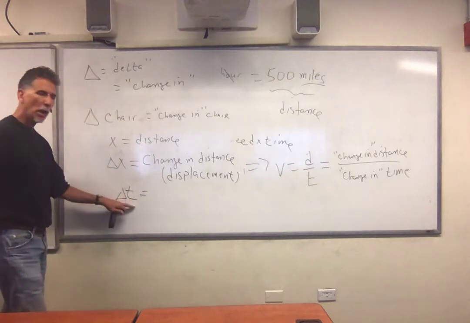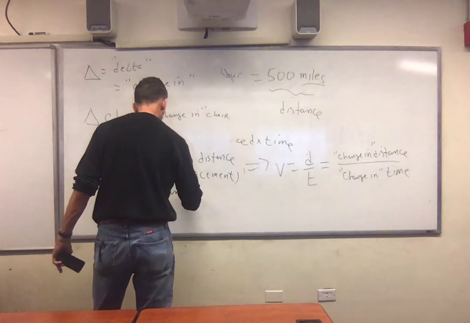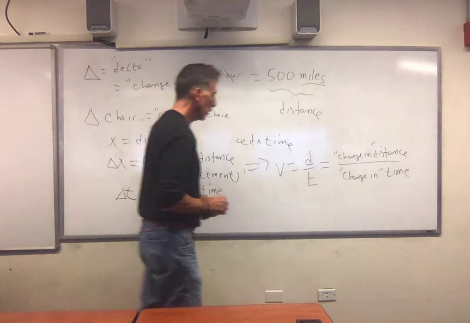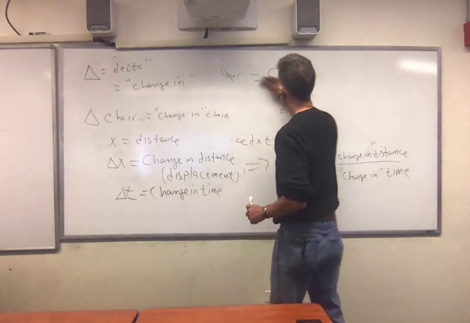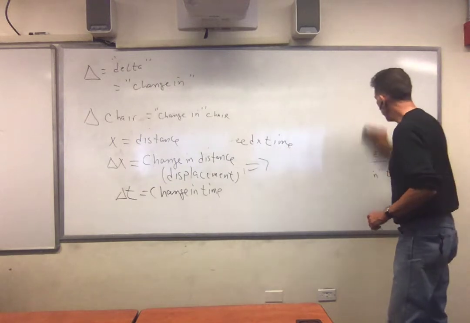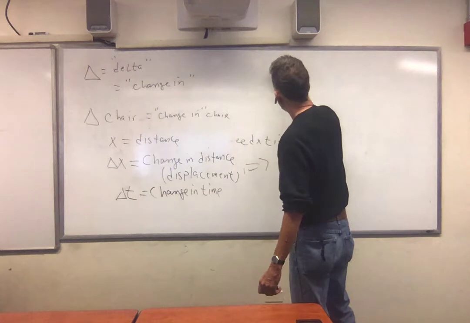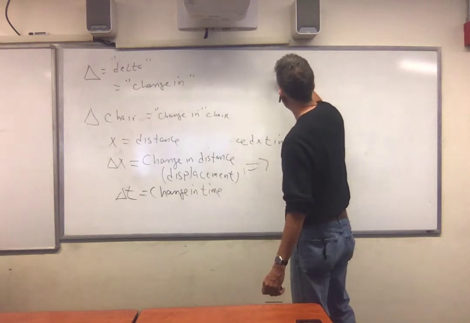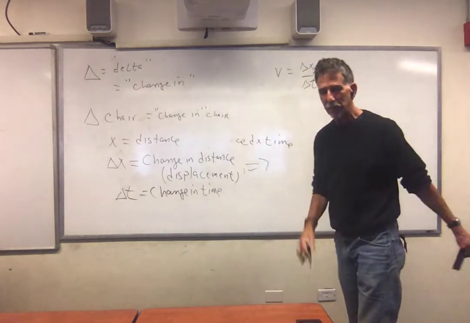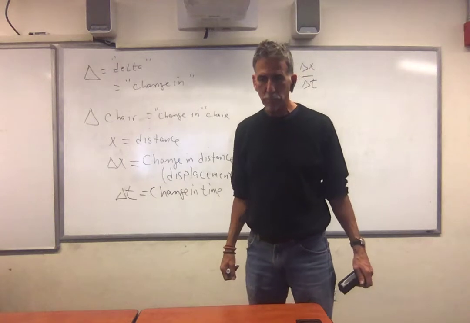Remember, t was time, so this is change in time. So now we can rewrite our speed in a really fancy, cool looking way, right? So we can write v, which is our speed, is delta x over delta t. Doesn't that look great? Just says the change in distance divided by the change in time.